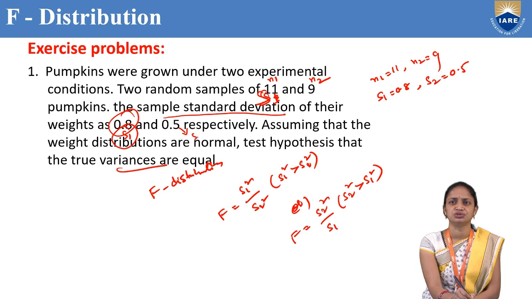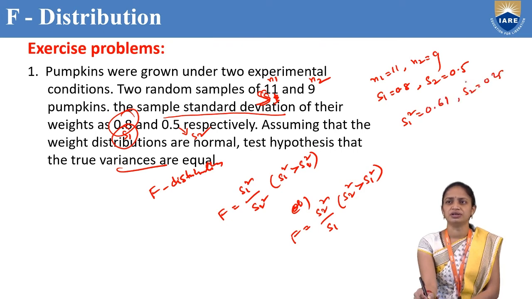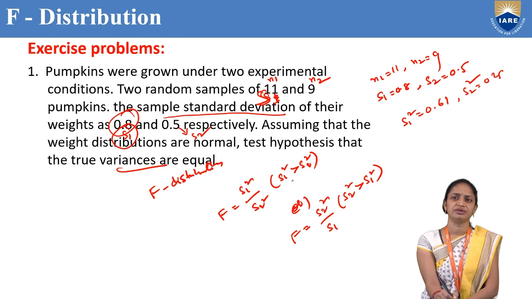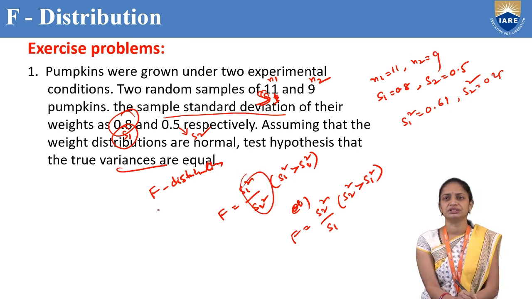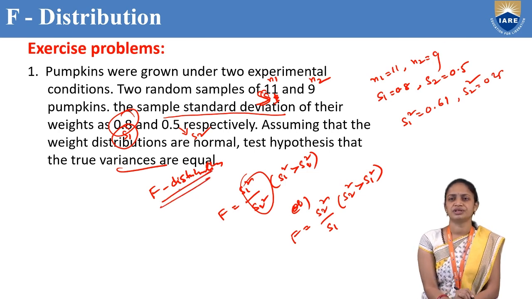Which is the bigger value? S1 square is 0.64 and S2 square is 0.25. The bigger value we have to write in the numerator. After that we follow the same procedure as in the first problem.